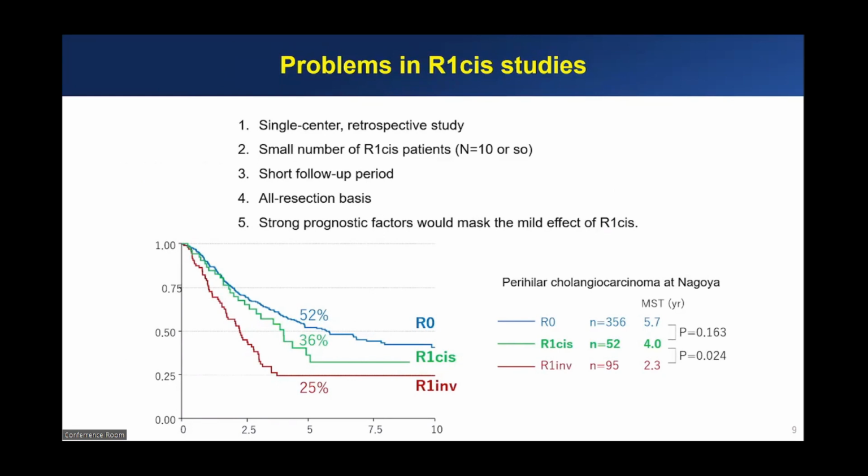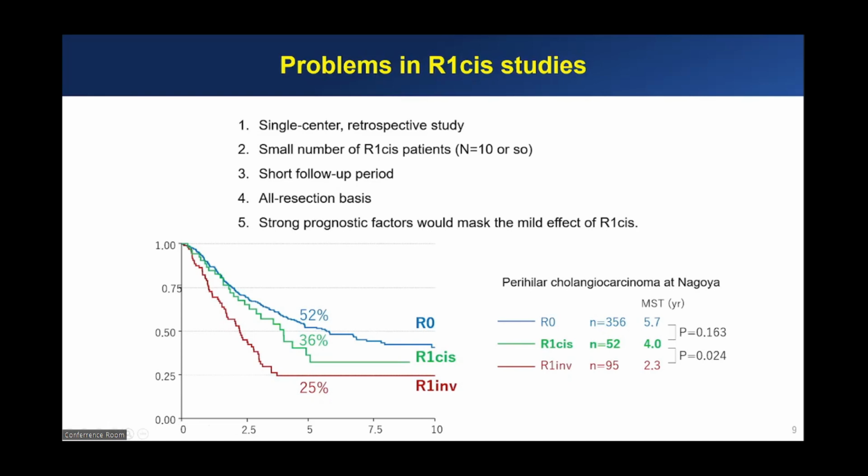So I think there are some problems in the previous studies about R1 CIS. First, they are single center retrospective studies with a small sample number of R1 CIS, because many studies included 10 or so patients. Second, the analysis included all resected patients.